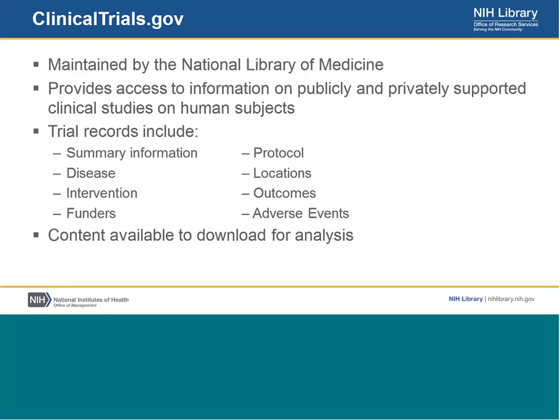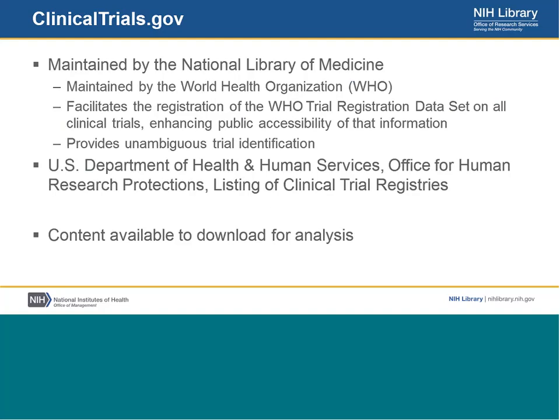Particularly want to call out that the trial records include summary information, interventions, outcomes, typically include the protocol and adverse events. You can also download all of the content of clinicaltrials.gov for analysis.